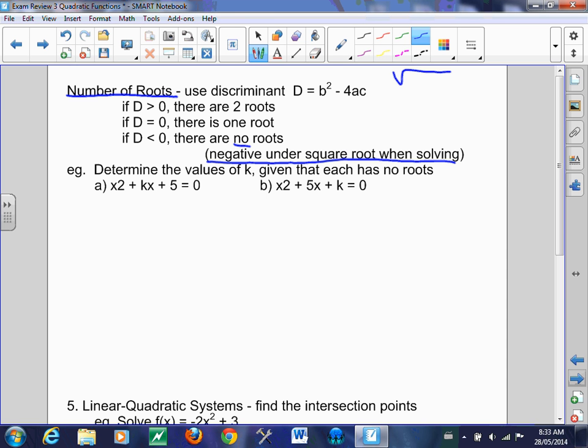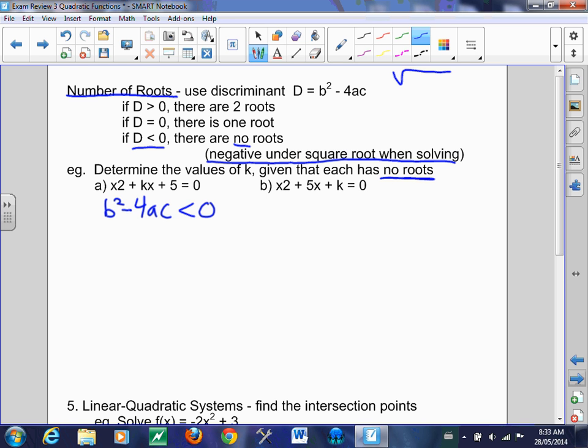All right. For this example, determine the values of k given that each has no roots. So no roots means the discriminant has to be less than 0. So I'm going to write b squared minus 4ac has to be less than 0. Okay, everybody okay with that?